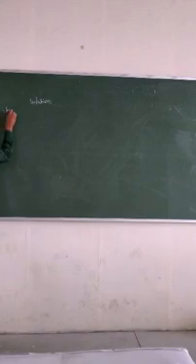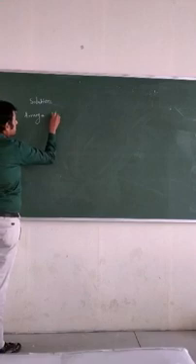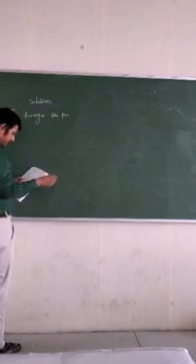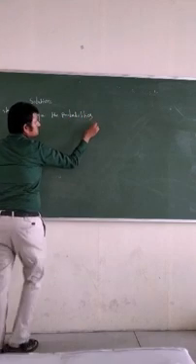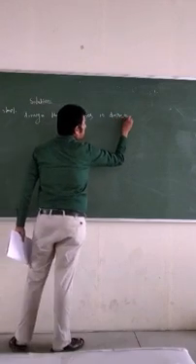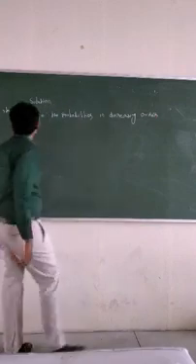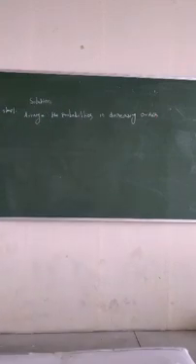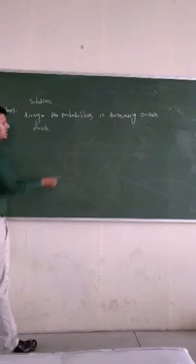The first step in the Shannon Fano coding is step 1: arrange the probabilities in decreasing order. So I am writing the probabilities in decreasing order along with the symbols.